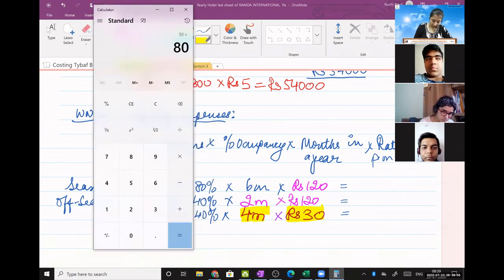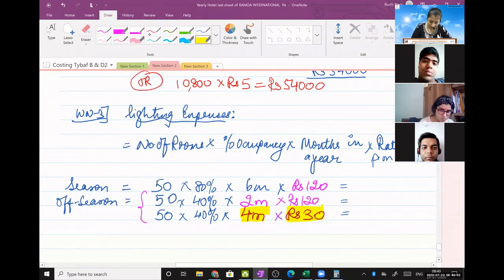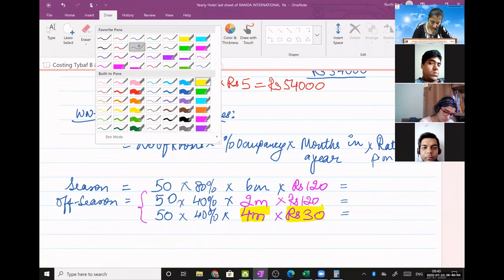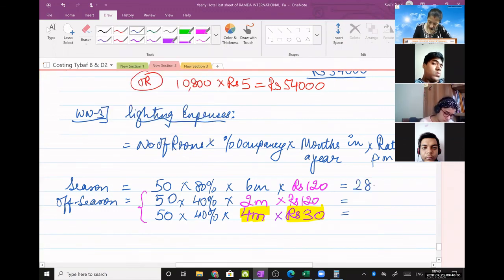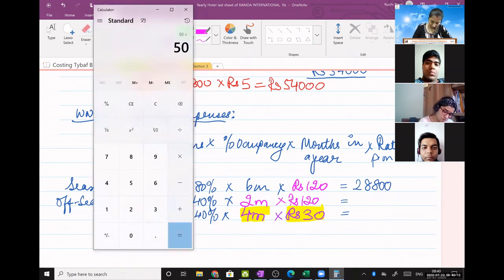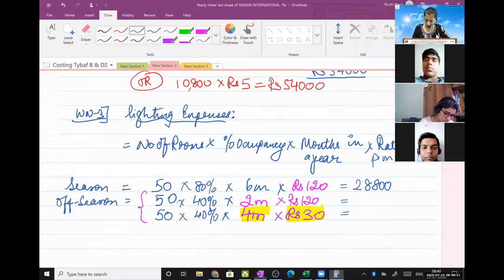50 into 80% into 6 months into 120. So my answer is 28,800. Next, 50 into 40% into 2 months into 120, that is 4,800.